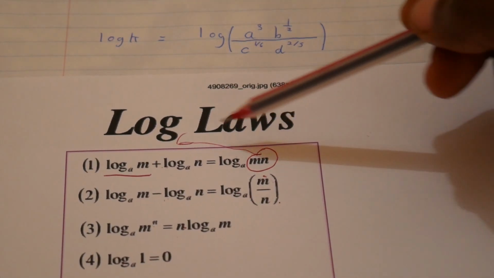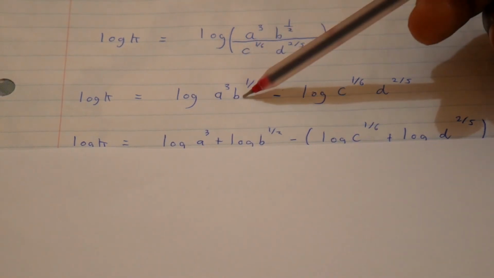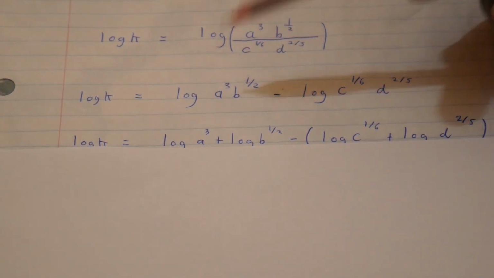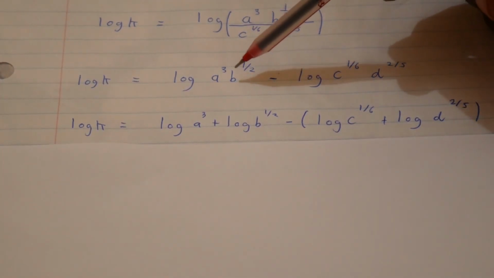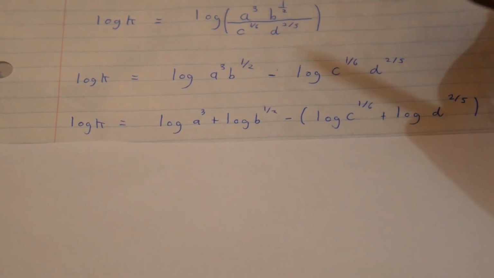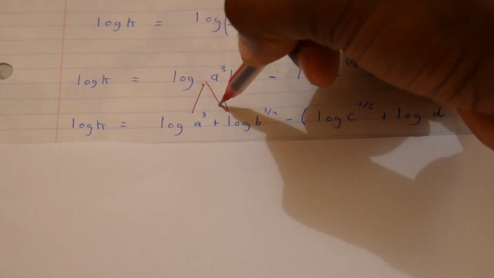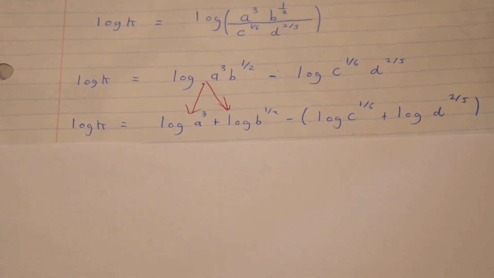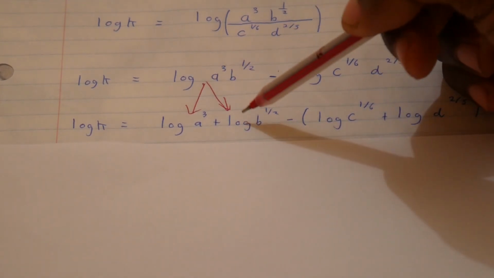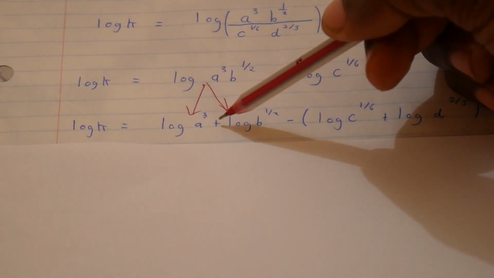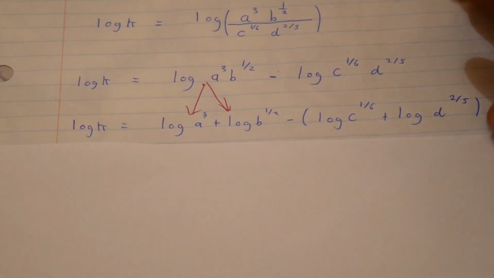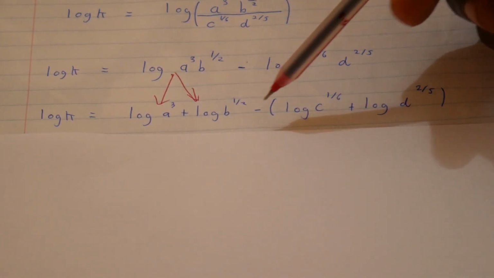Now we use this term, going back here, log of a cubed times b squared, that would produce that based on the same rule. Sorry, b to the half power. That log of a cubed plus log of b to the half power, and minus.